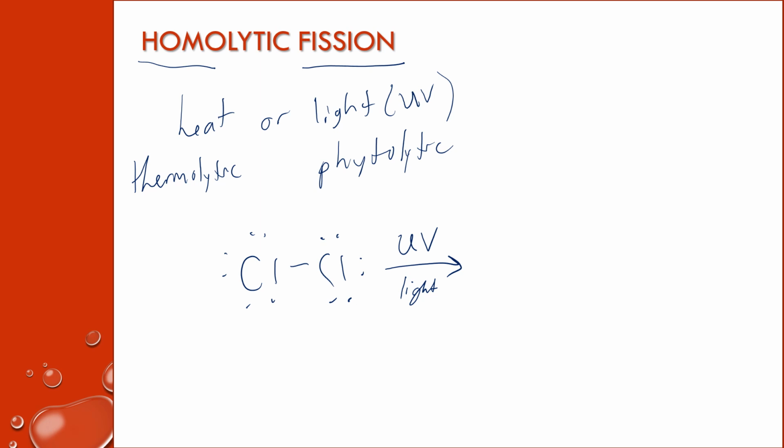So in this case, you would break the covalent bond between the two, and both of the chlorines would turn into a radical product. They would each get 1 electron from the bond. You also need to be able to show the mechanism, showing where the electrons are going using single barbed arrows. So let's look at that.